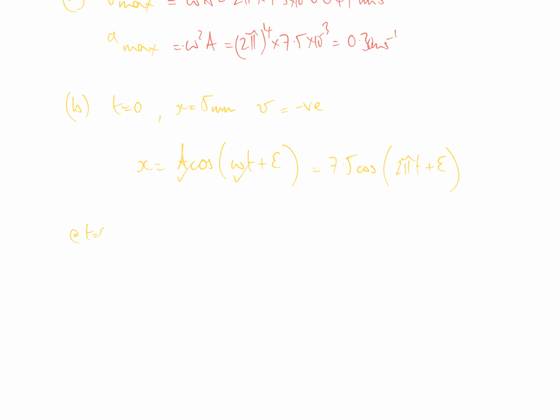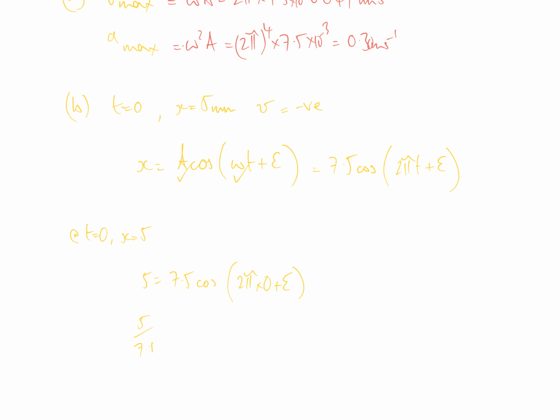At t equals 0, x equals 5. So 5 is 7.5 cos(2 pi times 0 plus eta).